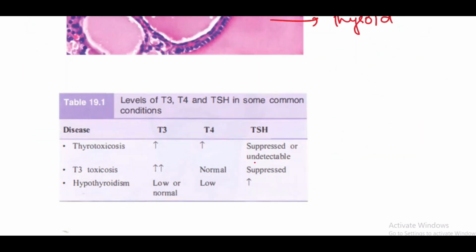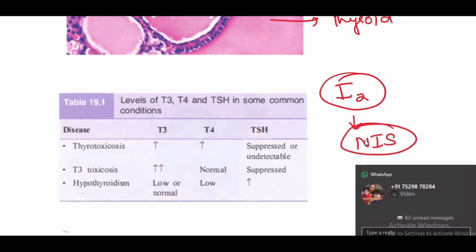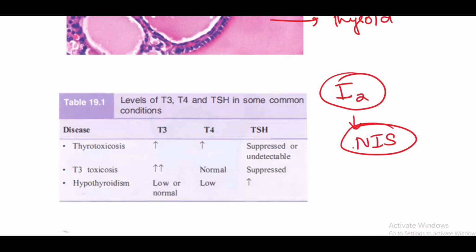Coming to the steps involved in thyroid hormone production, the first step involves the active transport of iodine from the bloodstream into the thyroid follicle cells. That is facilitated by the sodium iodide symporter located on the cell membrane of the thyrocytes. Compounds like thiocyanates and perchlorates can block this process, preventing iodine from entering.